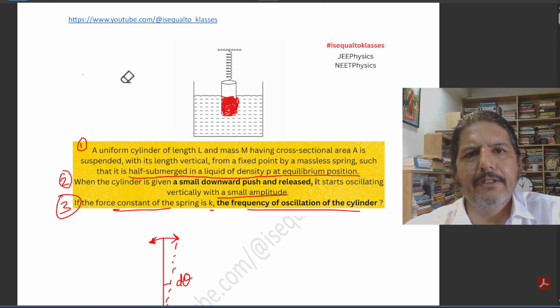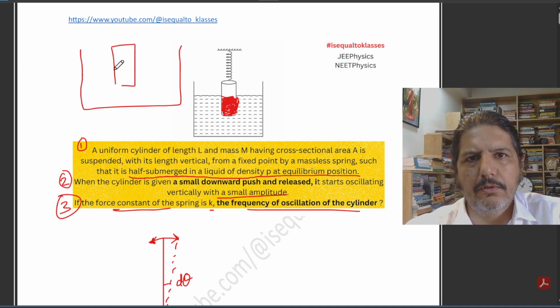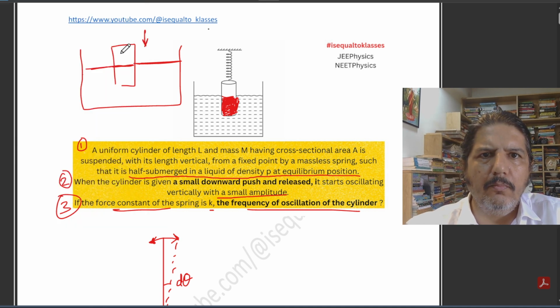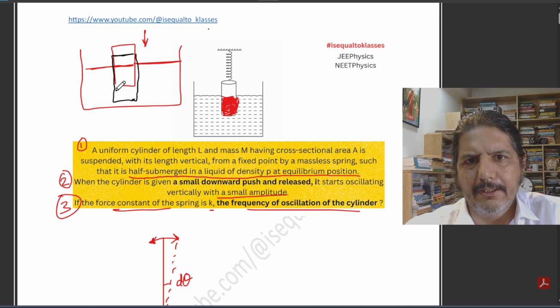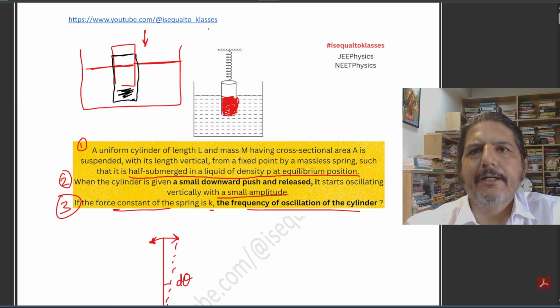Initially, only half was submerged in water. Now when you press it, more volume would be in the fluid, so more buoyant force would be created.